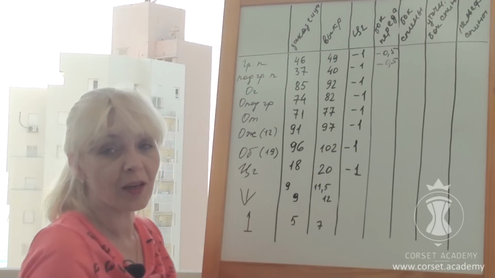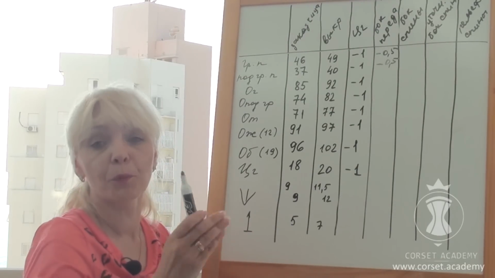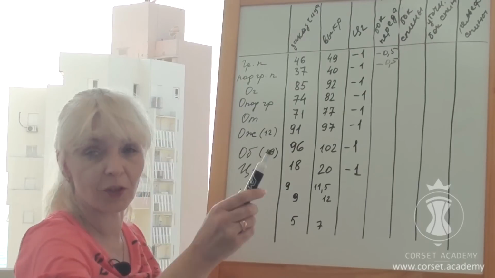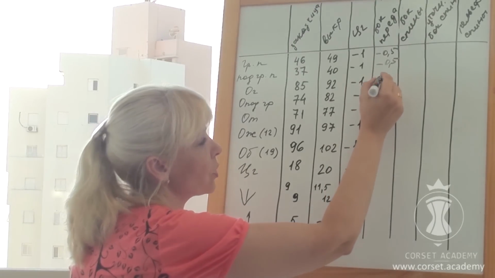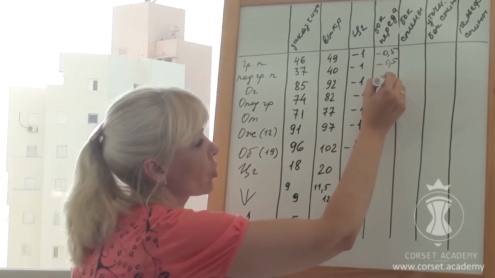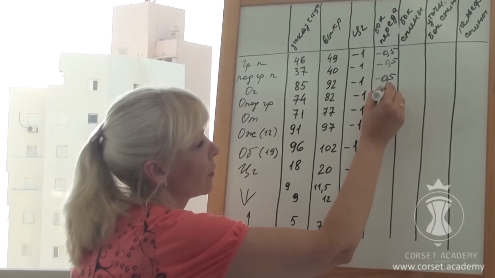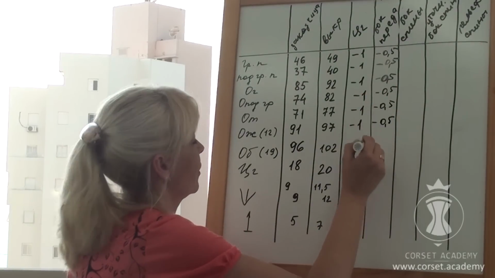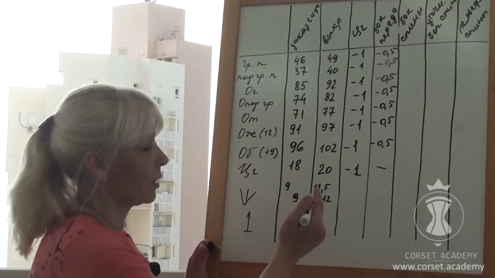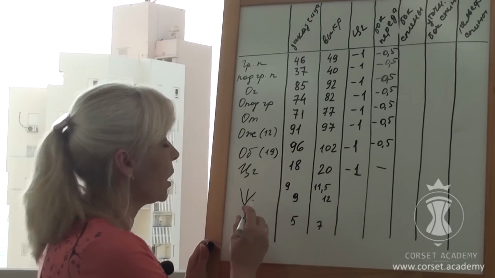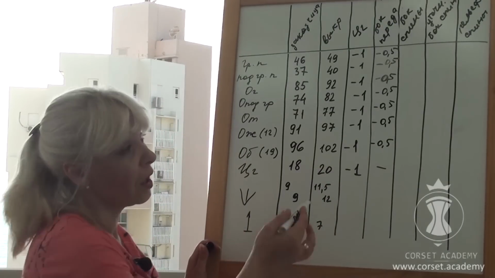It logically follows that I need to shift the entire side seam 0.5 centimeters inwards, from top to bottom. I write -0.5 centimeters in lines 3 through 7 of column 5. I have already calculated the bust middle measurement, so I put a dash in line 8 of column 6.